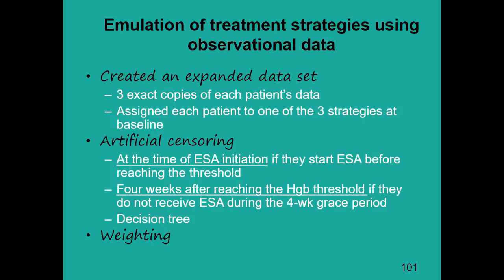So we did a decision tree for this, and there are several publications on timing strategies using the IPW approach, and they pretty much all have a decision tree in the supplemental material, or maybe not a figure, but at least they describe the scenarios very clearly about when patients are artificially censored.